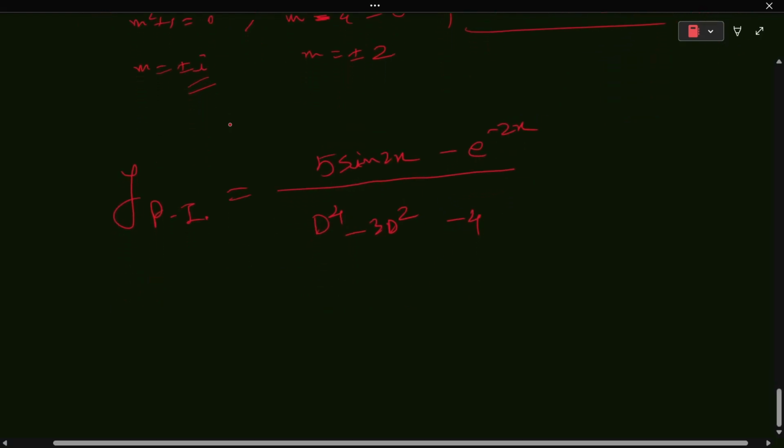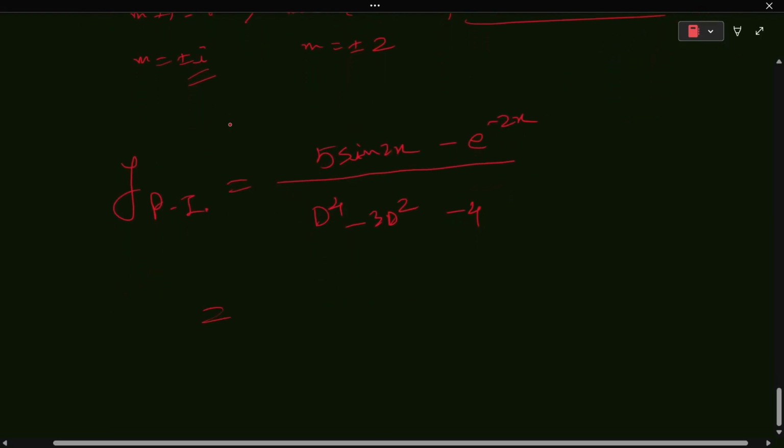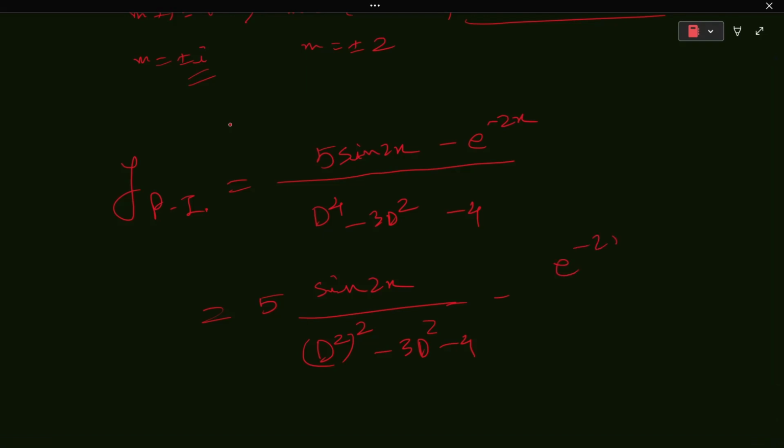Let's separate these things: 5 sine 2x by D to the power 4, meaning D square whole square, minus 3D square minus 4, minus e to the power minus 2x by D to the power 4 minus 3D square minus 4.